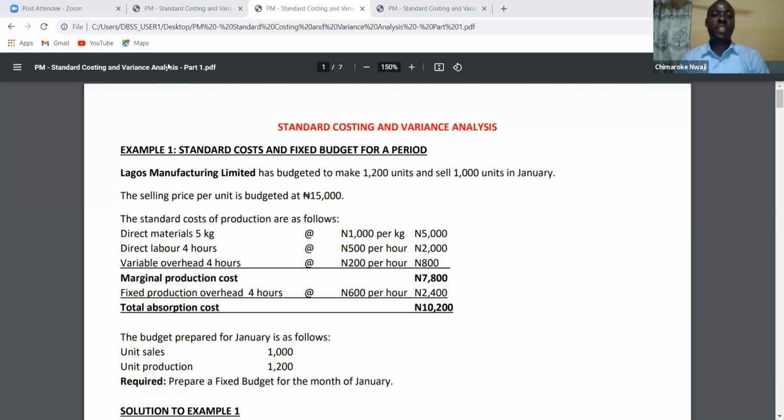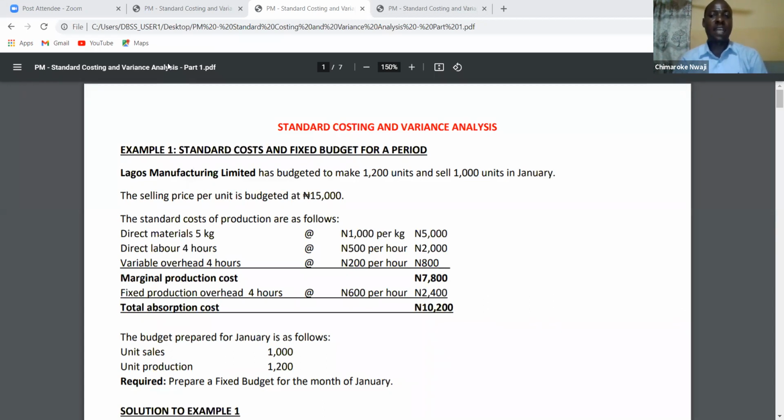A fixed budget is a rigid budget that is prepared for a predetermined number of quantity, and it is rigid. When we say rigid, it's not flexible, it does not change. It's not flexible.